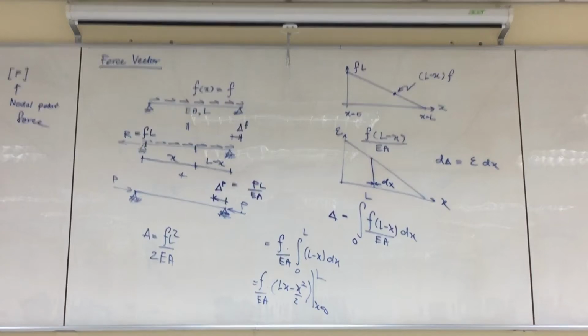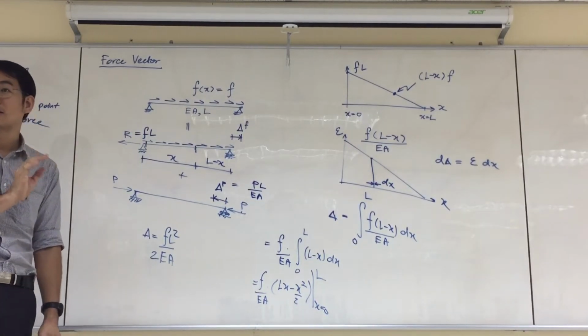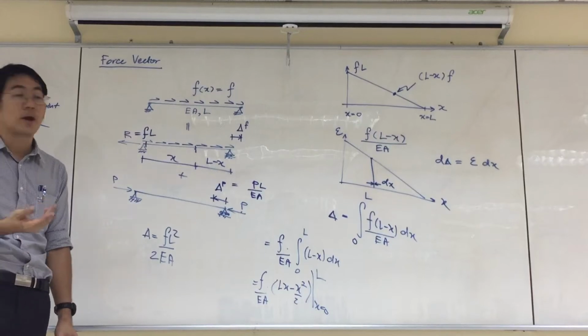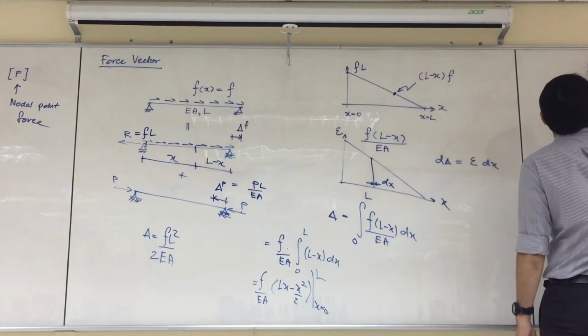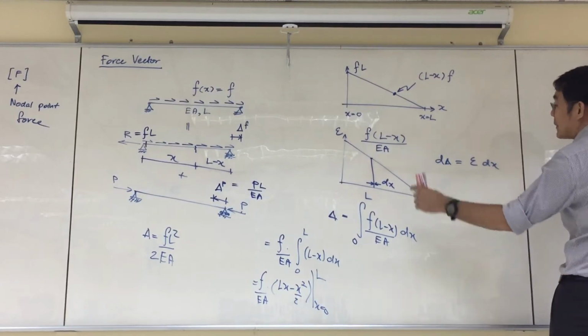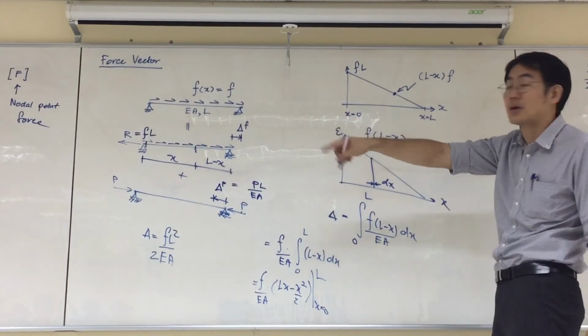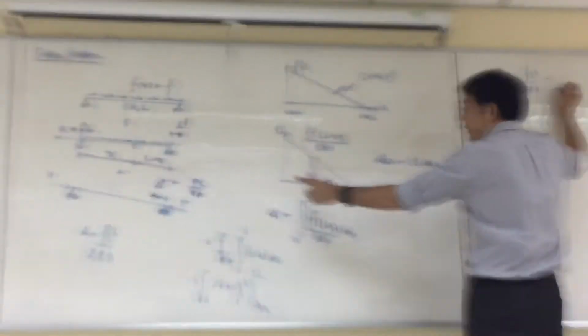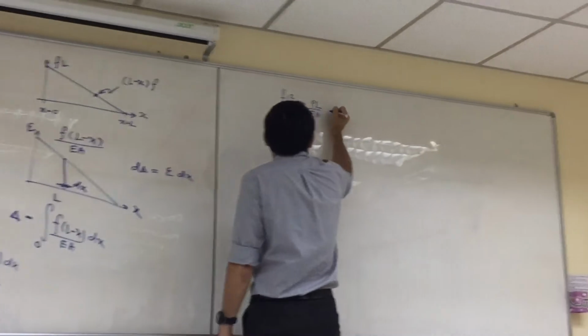Okay. So what is the condition that we need to satisfy? We have to make sure that delta F adds up with delta P to be 0. So delta F, which is FL squared over 2EA, adds up with delta P. Your delta P is going backward to the left hand side. So the sign of the delta P has to show up as the negative sign, PL over EA.